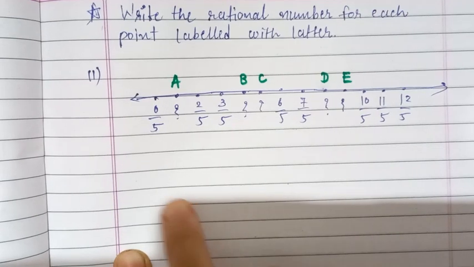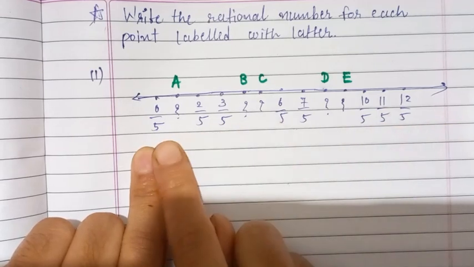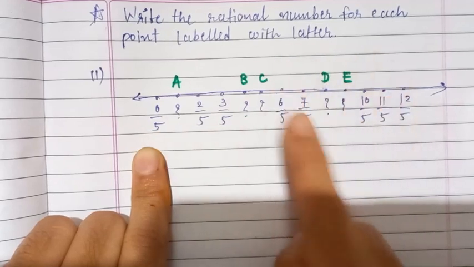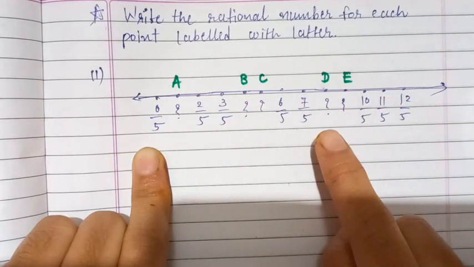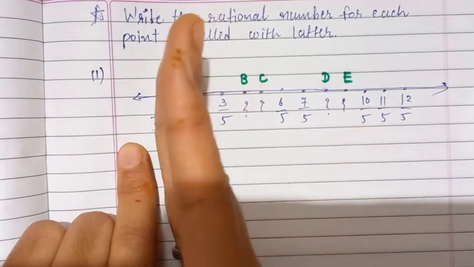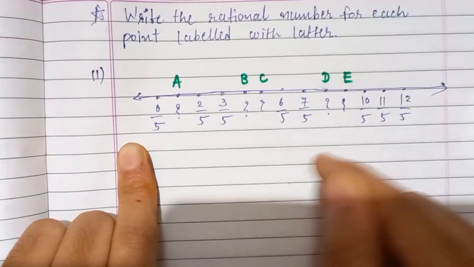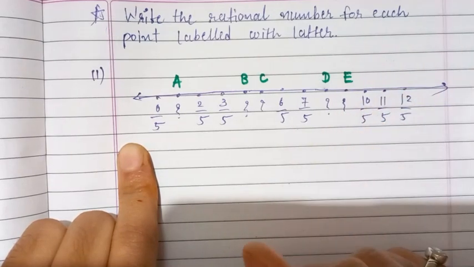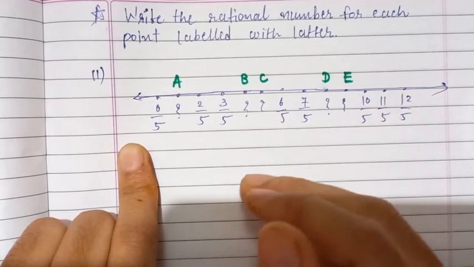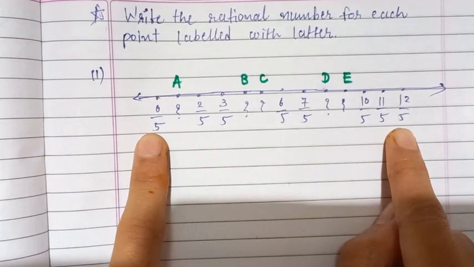After that we denote those two numbers. Then we make parts on the number line by calculating the difference between two numbers. We see the denominator. For example, if our denominator is 8, then we divide the gap between two numbers into 8 parts.